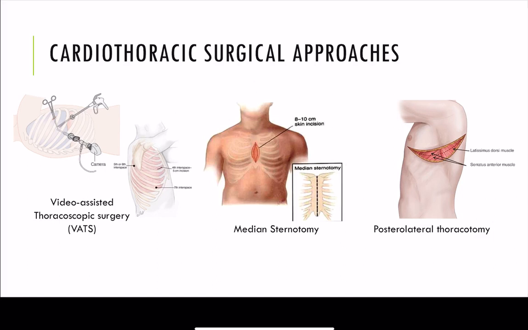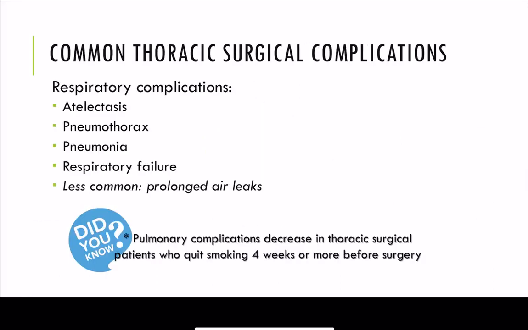But anytime somebody cuts into the thoracic cage, there is a chance of respiratory complications. So irregardless of why they had the surgery, just the fact that they cut into the thoracic cage puts patients at serious risk of respiratory complications.